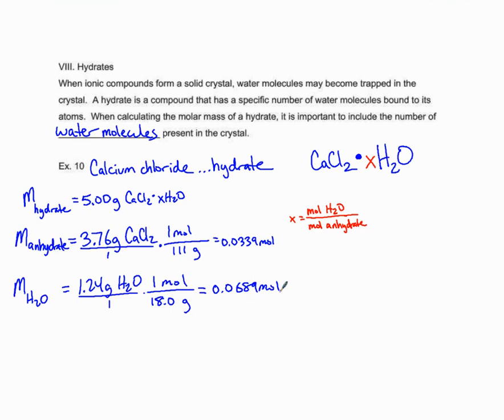These are the numbers that we're going to plug in up here. So moles of water, moles of the anhydrate, and putting this in your calculator, it's 2.03, which is very approximately 2.